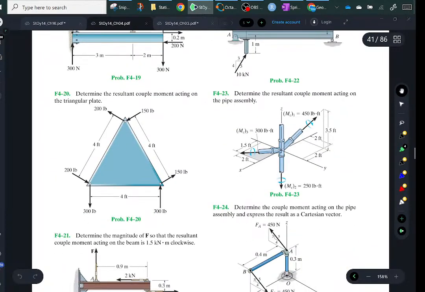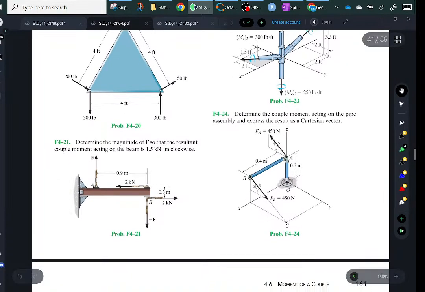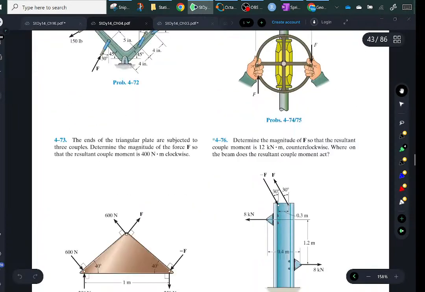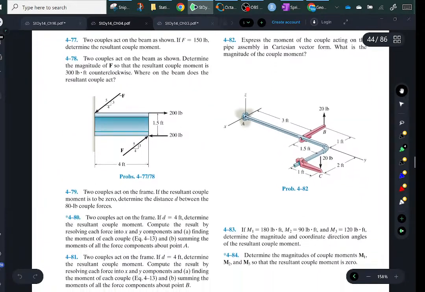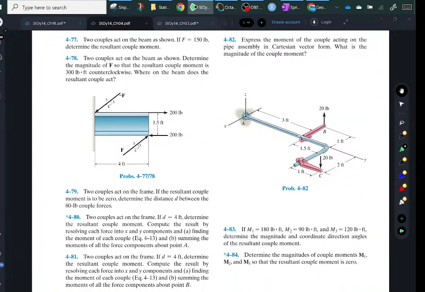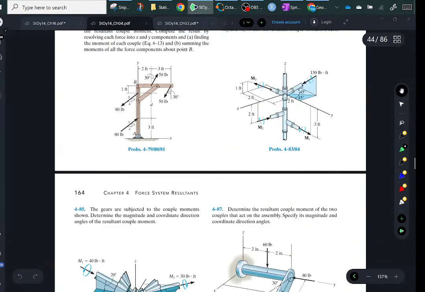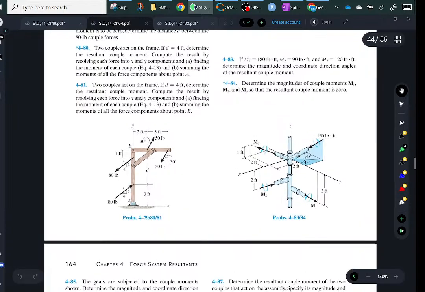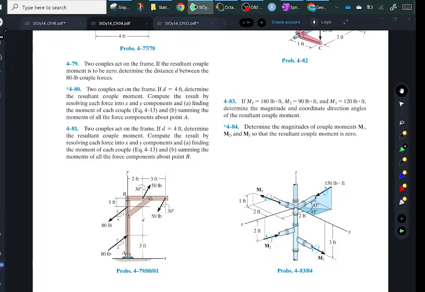We'll work it two ways. Okay, what's a good one to work? I want to find something really weird and bizarre. That one looks good. Bizarre enough. That one looks bizarre enough as well. There's a 3D one. That looks pretty good. If I could find a more complicated 3D. Okay. 79. This one has two couples acting on a frame.